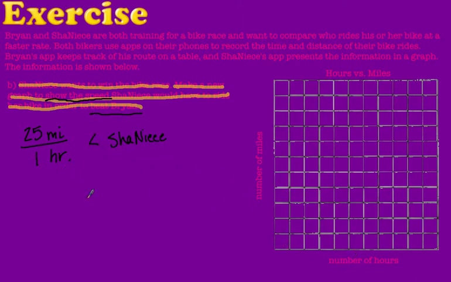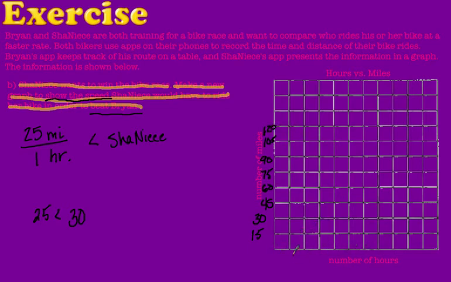Well, let's think of something that's easy to work with that's around 25 miles. I know that 30 is larger than 25, so I can set up my graph to show her going 30 miles in 1 hour. So what I can do here is set it up and count by 15: 15, 30, 45, it's my number of miles, remember, 60, 75, 90, 105, 120, and I'm going to stop there.